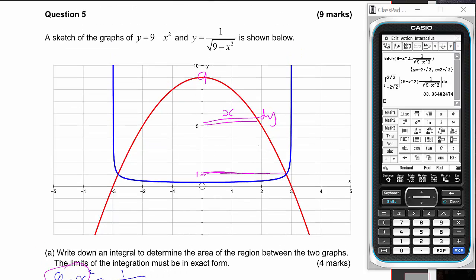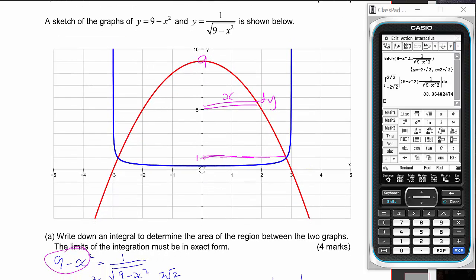So the blue one is y equals 1 over the square root of 9 minus x squared. So y squared is 1 over 9 minus x squared. So 9 minus x squared is going to be 1 over y squared. So x squared is going to be 9 take away 1 over y squared.